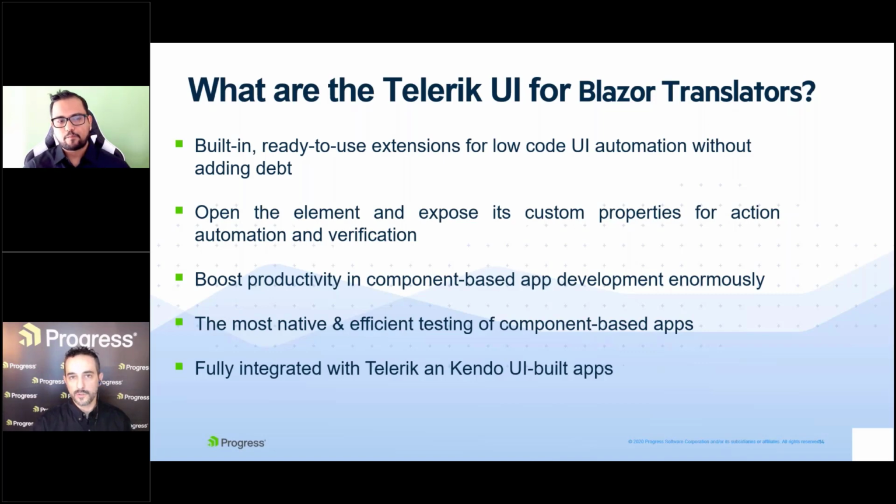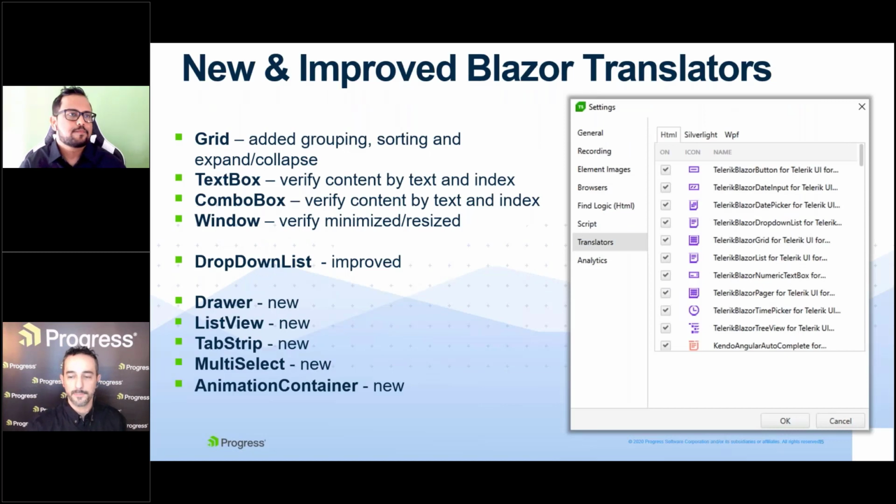So when you're using this floating panel and you hover over an item, like these items shown here on the right-hand side, we can detect, say, a Telerik UI grid within the browser, and we can highlight additional verification steps, identify properties that you've set within those components, so you can easily validate if a value has been set or a date has been picked, or if visibility is on screen, those sort of things.